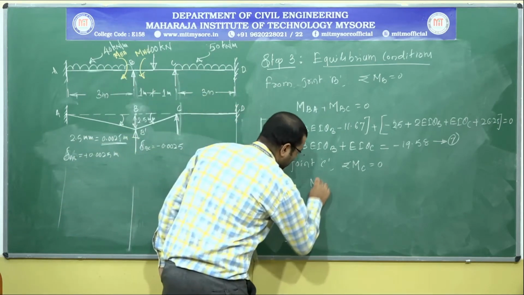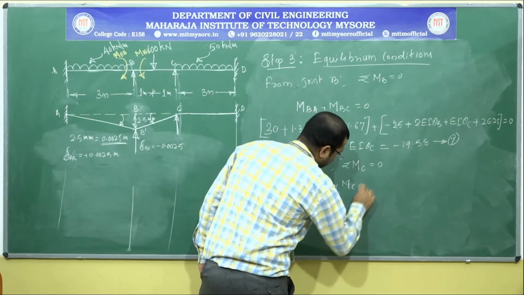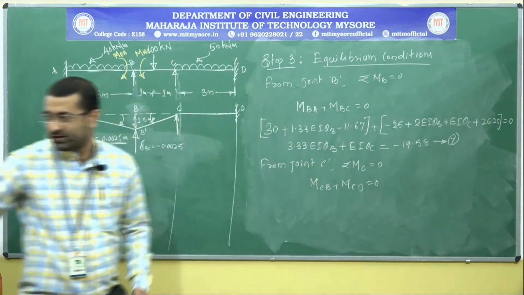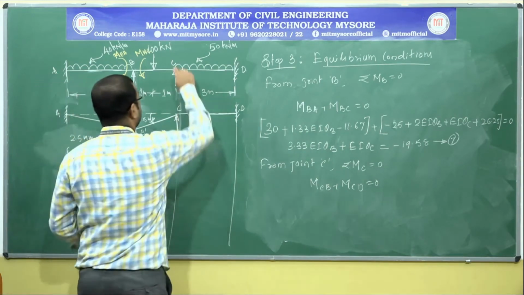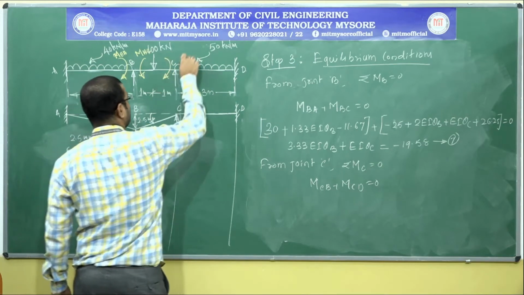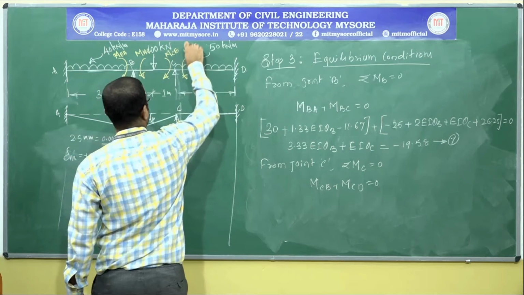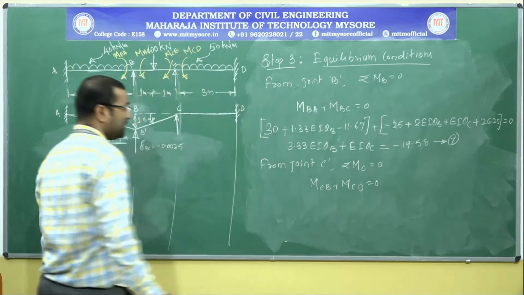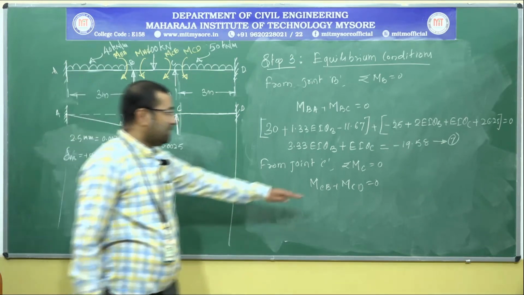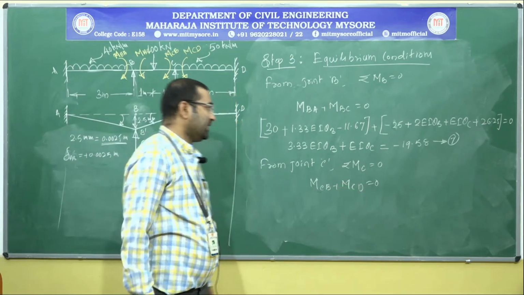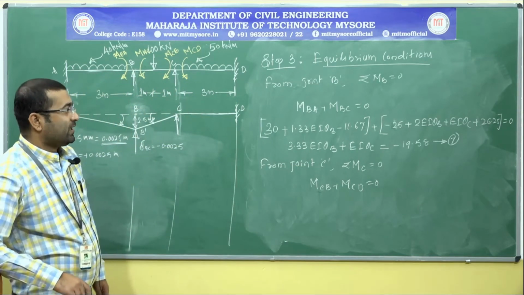Here we have two moments, MCB plus MCD equals 0. You can see here the moment at C, this value and this value, MCB and MCD. When we add these two together, the total sum should be 0. Now we need the values for MCB and MCD. These two we will get from equation numbers 4 and 5.